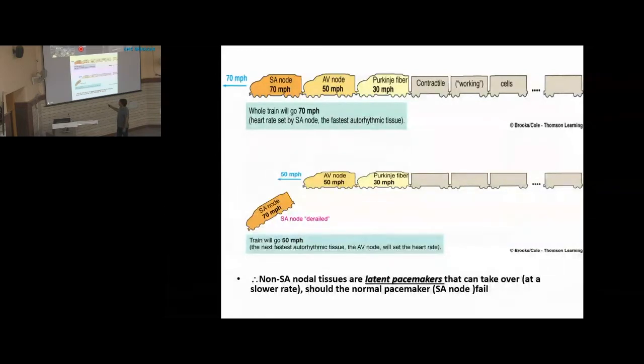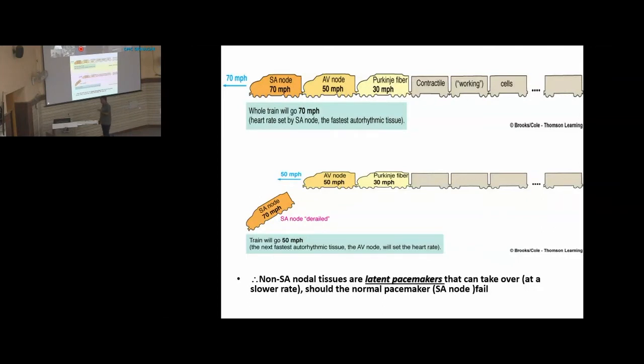Because of some problem or some disease, if SA node doesn't perform, if SA node gets derailed, then the job of generating and conducting the impulse is taken over by AV node, and then AV node starts generating the impulse. Even if AV node stops performing, then the Purkinje system will take over.